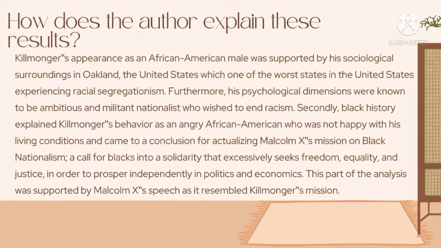Furthermore, his psychological dimensions were known as ambitious and militant nationalism, wishing to end racism. Secondly, Black history explains Killmonger's behavior as an early American who was not happy with his living condition and came to a conclusion for the Marxism vision of Black nationalism.